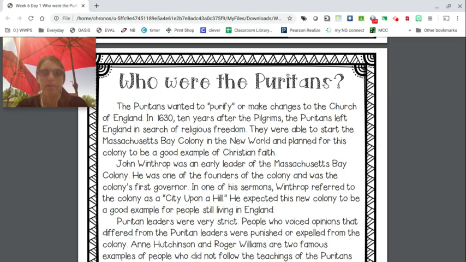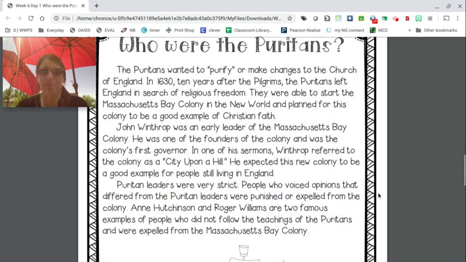They were able to start the Massachusetts Bay Colony in the New World and planned for this colony to be a good example of Christian faith. John Winthrop was an early leader of the Massachusetts Bay Colony. He was one of the founders of the colony and was the colony's first governor. In one of his sermons, Winthrop referred to the colony as a city upon a hill. He expected this new colony to be a good example for people still living in England.